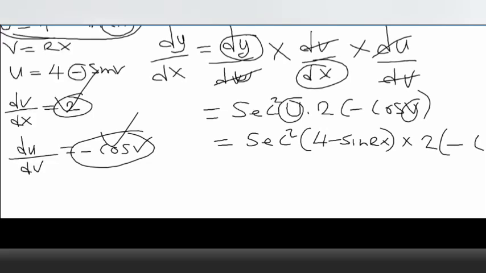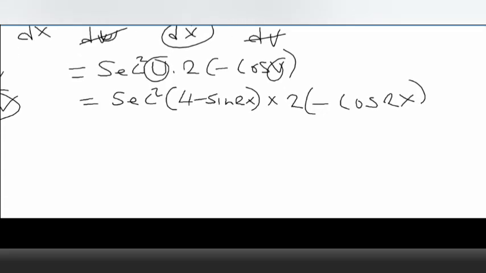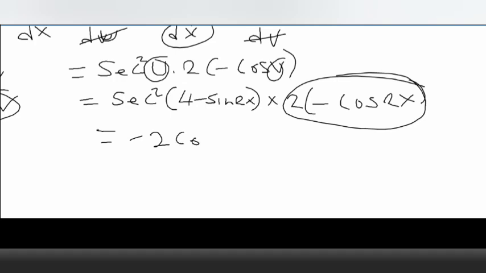In this case, v is 2x. So let me write 2x. If I multiply here, 2 multiplied by negative cos 2x, I'm going to get negative 2 cos 2x. So to rewrite this, I'm just going to take this one to this side, where I'm going to have negative 2 cos 2x multiplied by secant squared, open bracket, 4 minus sine 2x.